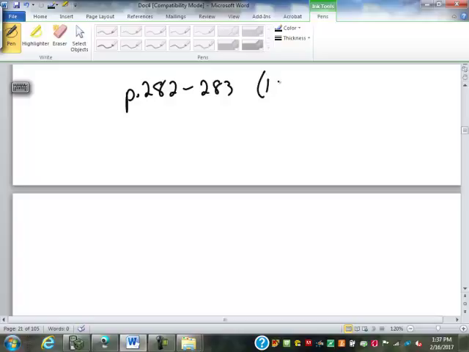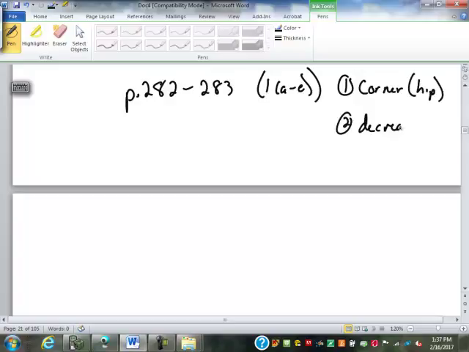Problem number 1, A through E. I'd ask you to find 1, the corner. In other words, the length of the hip rafter. And 2, to find the decrease, right? So I'll leave that up there in case you didn't get it done.